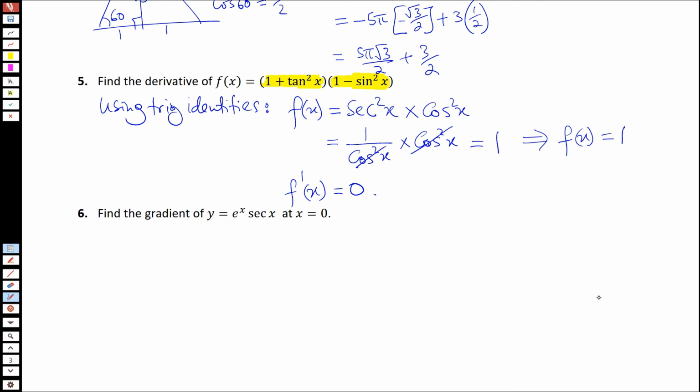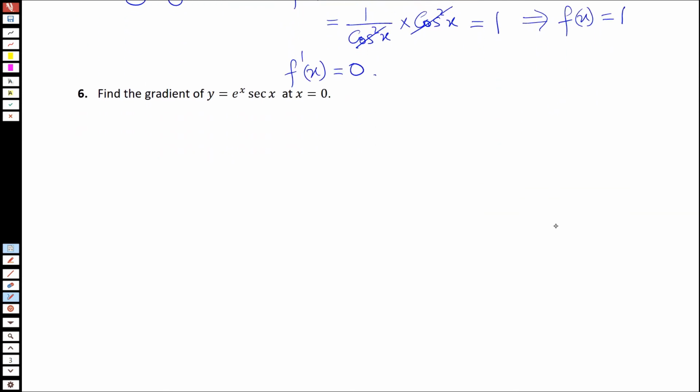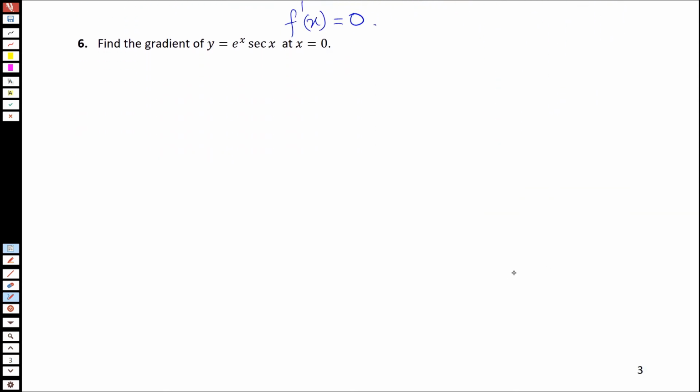Okay, moving on to number 6. So in number 6, you are required to find the gradient of this function at x is equal to 0. So because this is a product of two functions, we shall apply product rule.